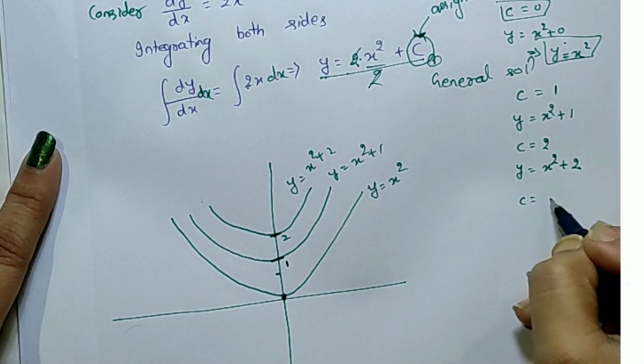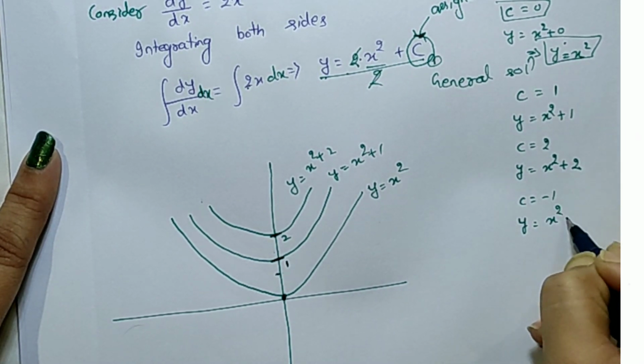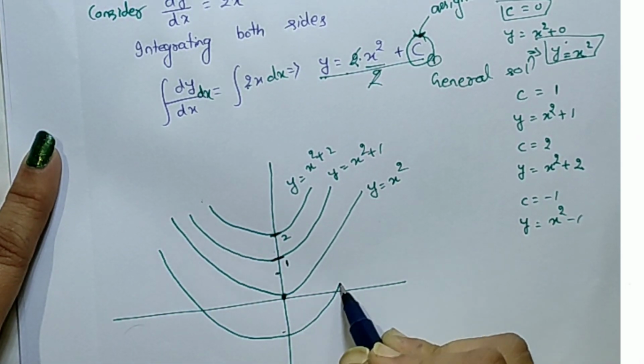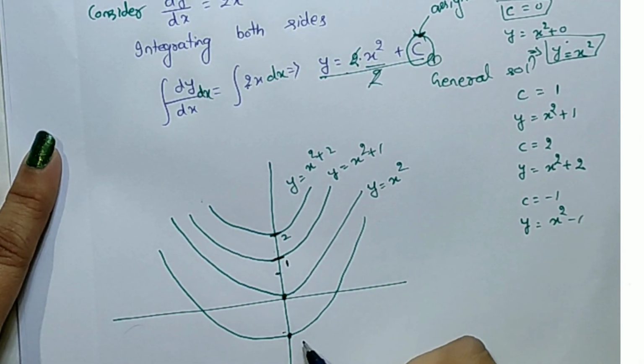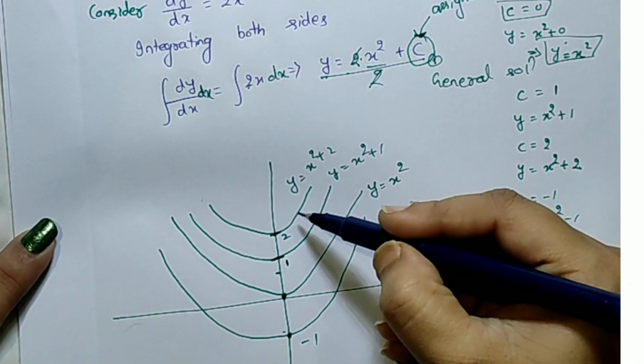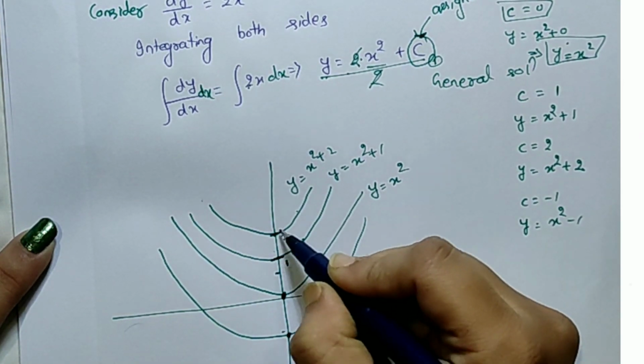Suppose we take c is equal to minus 1. Then we have y is equal to x square minus 1. So we got a graph like this, where this point is minus 1. So these are all parabolas, but having different vertices.